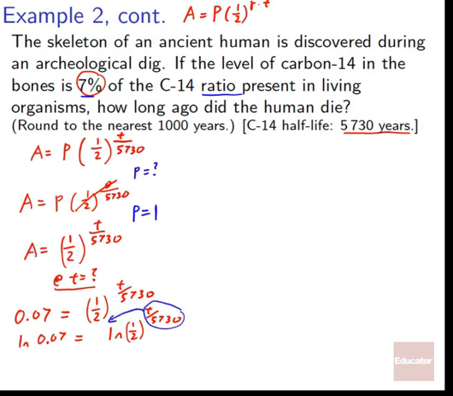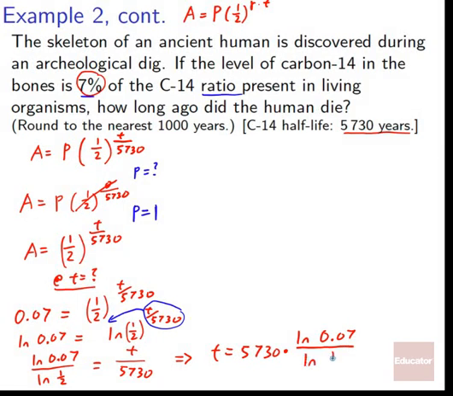So we've got t over 5730 times the natural log of 1/2. We divide by the natural log of 1/2 on both sides, so the natural log of 0.07 over the natural log of 1/2 equals t over 5730, which finally brings us to t. We multiply both sides by 5730, so t equals 5730 times natural log of 0.07 over natural log of 1/2.